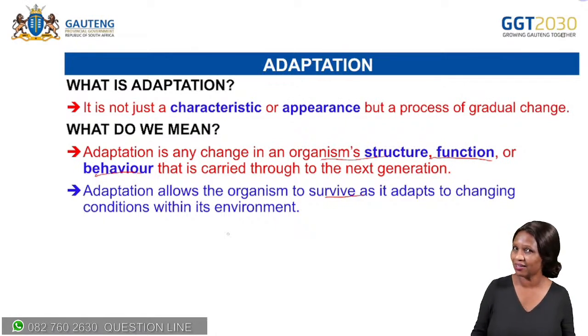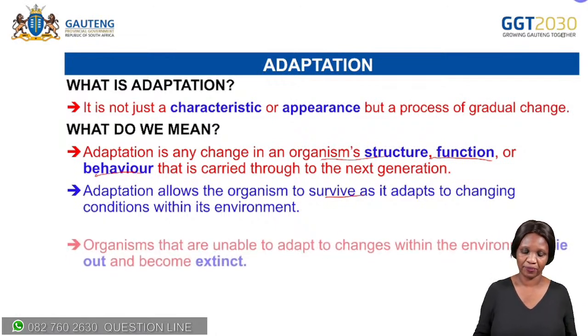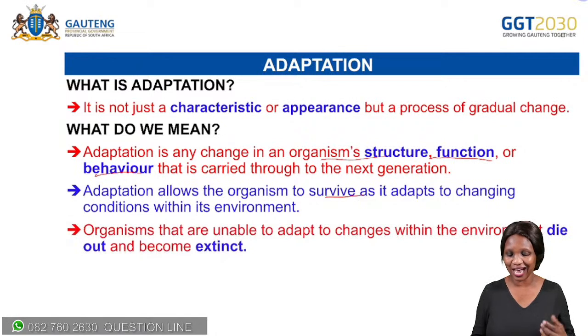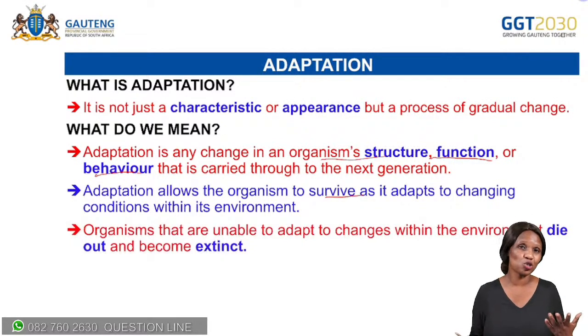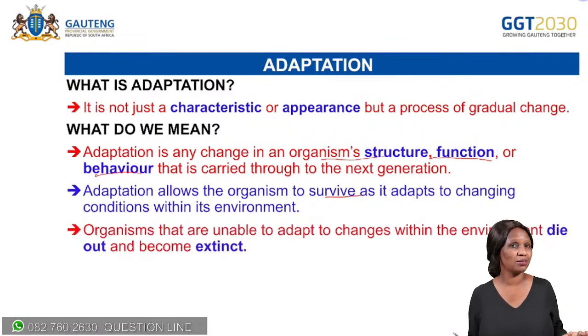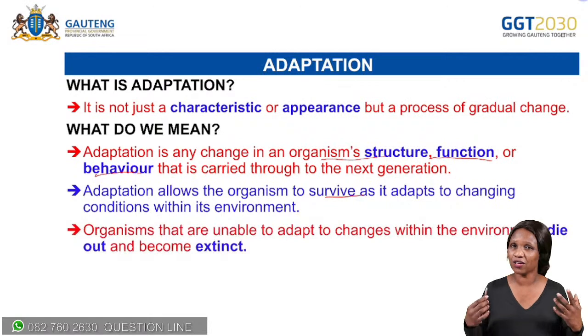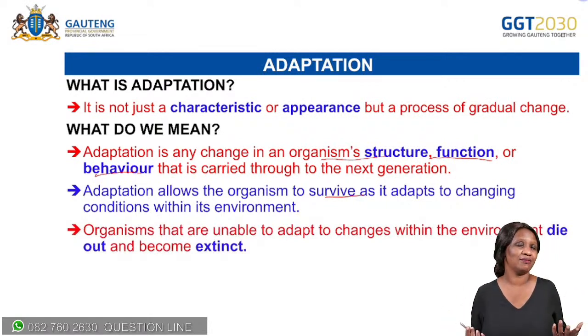They might die because they fail to adapt. Okay? And then organisms that are unable to adapt to changes within the environment, what happens to them? They eventually die because they won't be able to what? To adapt. And if they don't adapt, they die, and at times they become extinct. All right.